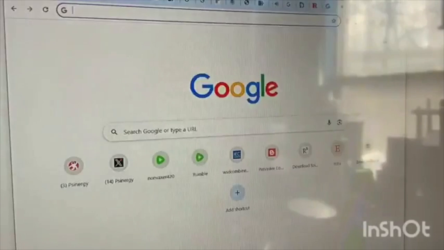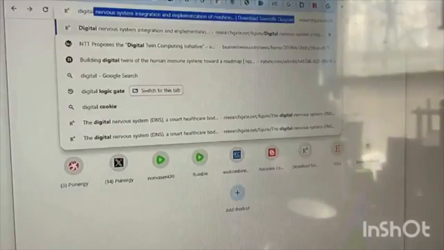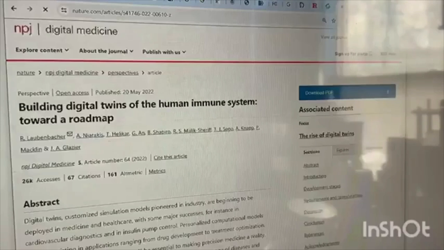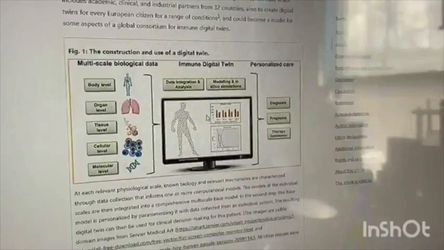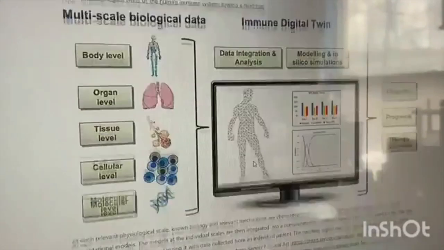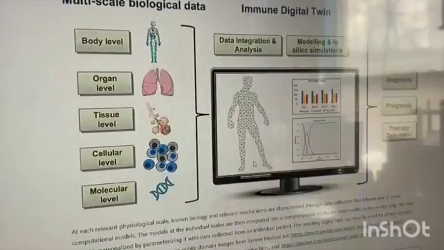If you have heard of the digital twin, that is because the digital twin is part of how they access that body area network to make these decisions. Body level, organ level, tissue level, cellular level, and the molecular level.